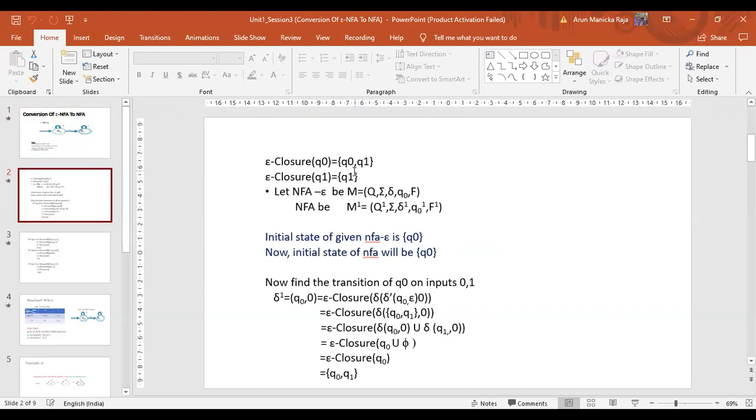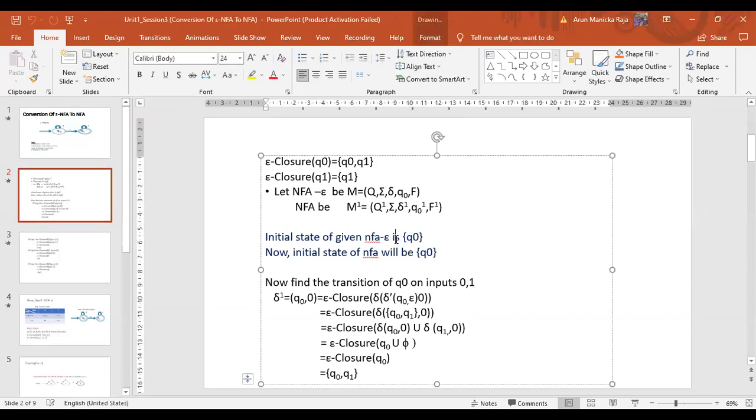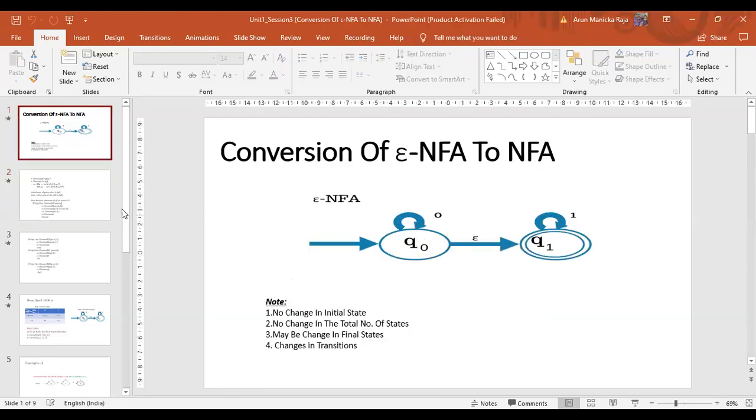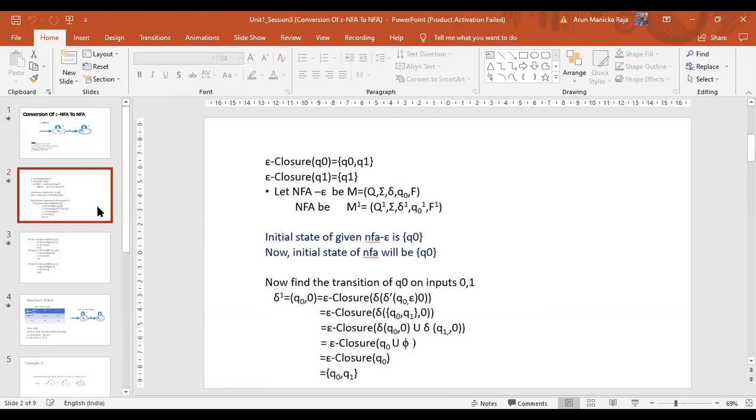Once we find the epsilon closure, we have to find the initial state for the output diagram, right? For that, we have to get the initial state from the input diagram, with epsilon NFA. In that, which one is the initial state? That is the Q0. So we can assume the same state as the initial state for the without epsilon NFA.